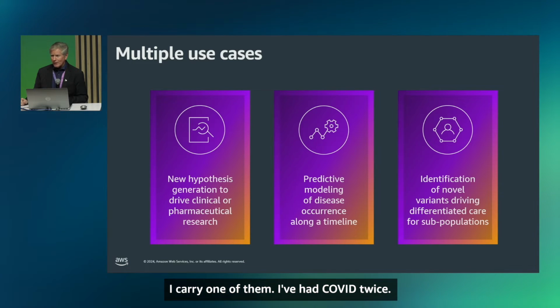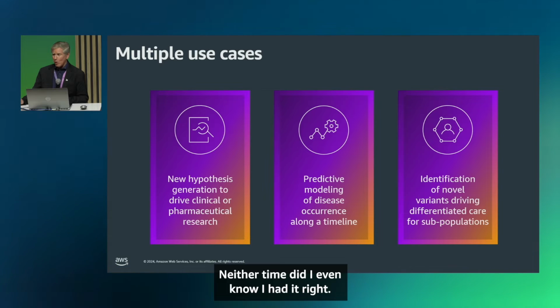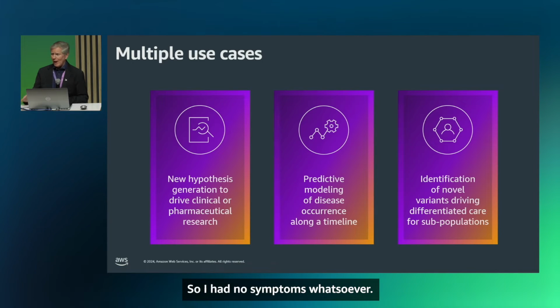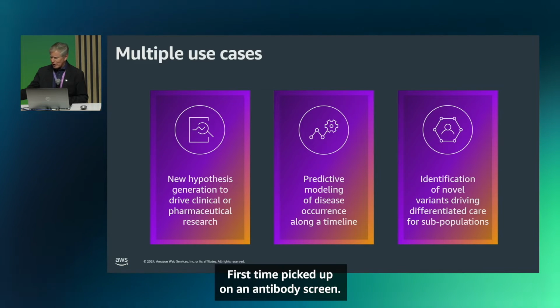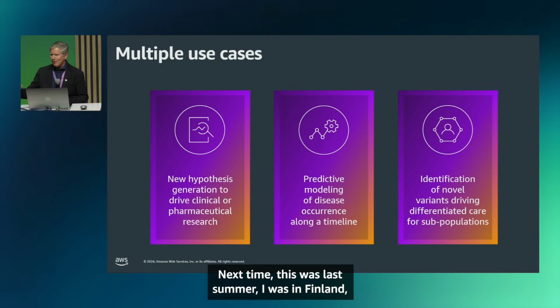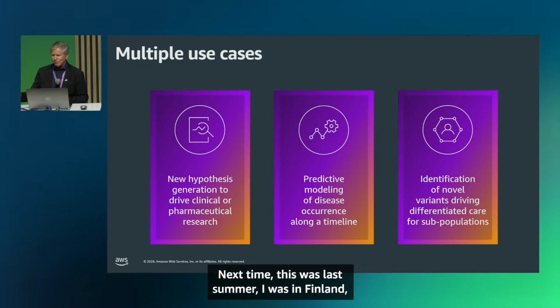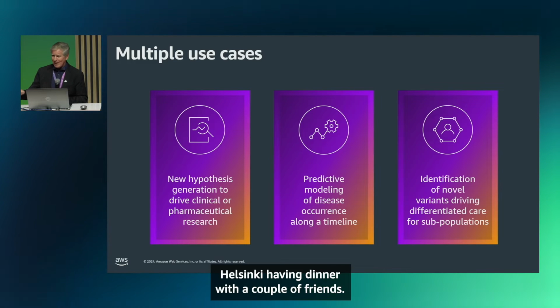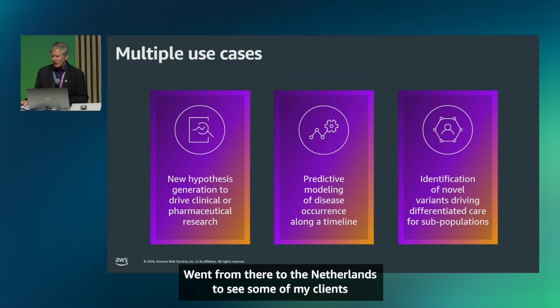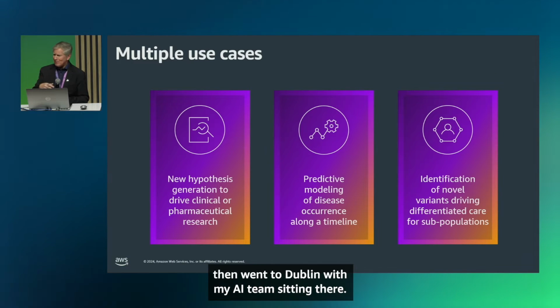I've had COVID twice. Neither time did I even know I had it, right? So I had no symptoms whatsoever. First time picked up on an antibody screen. Next time, this was last summer, I was in Finland, in Helsinki, having dinner with a couple of friends, went from there to the Netherlands to see some of my clients, then went to Dublin with my AI team.